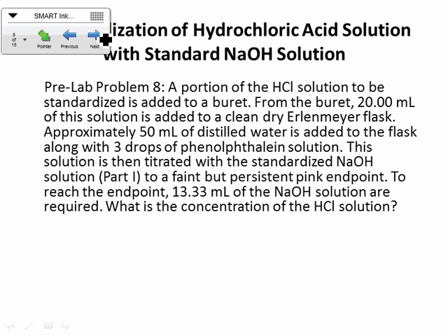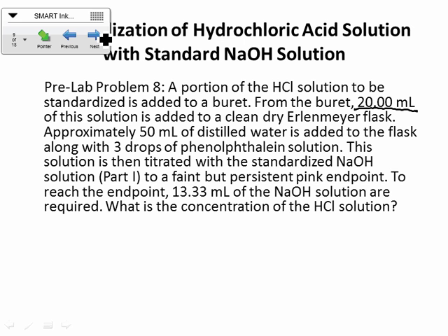We want to know how many moles of something do we have here. Now on this one, we know that we have 20 mils of the HCl solution. Oh, we also know that we added 50 milliliters of distilled water to the flask.